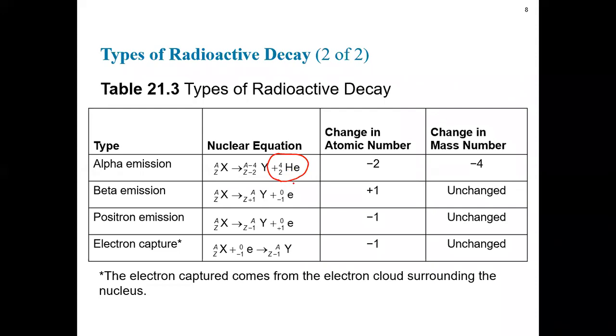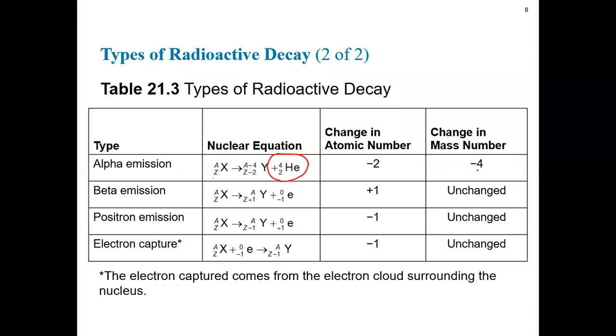So when alpha emission happens, you can see the atomic number decreases by 2, or the atomic number changes by -2. Therefore, if you start with atomic number Z, then your product's atomic number becomes Z -2.